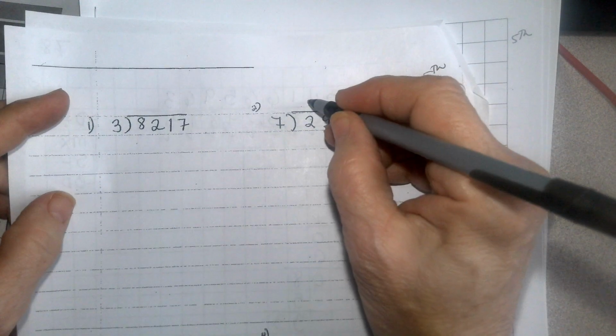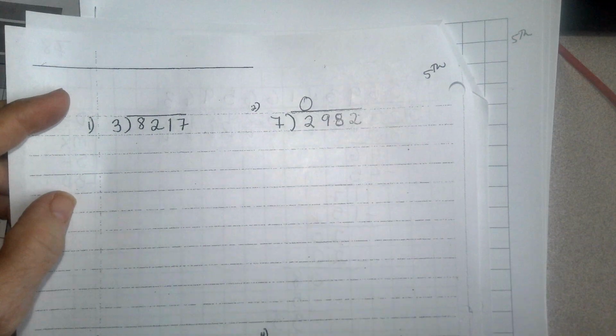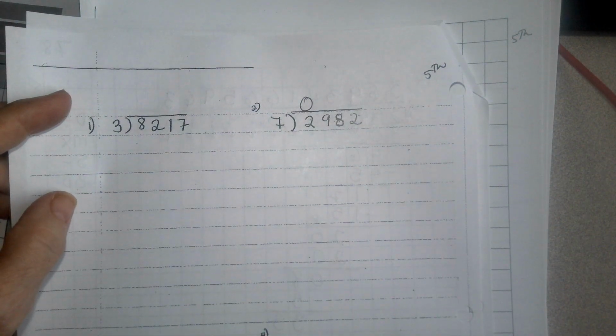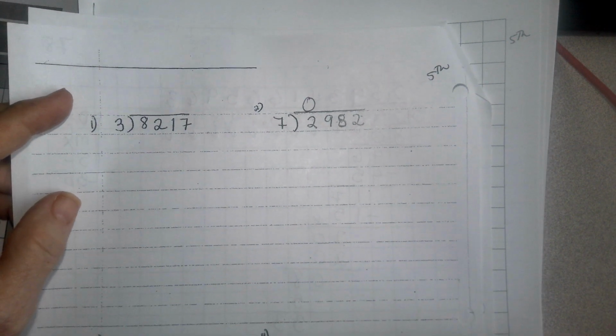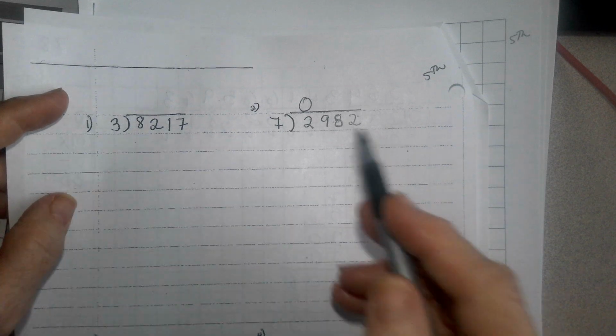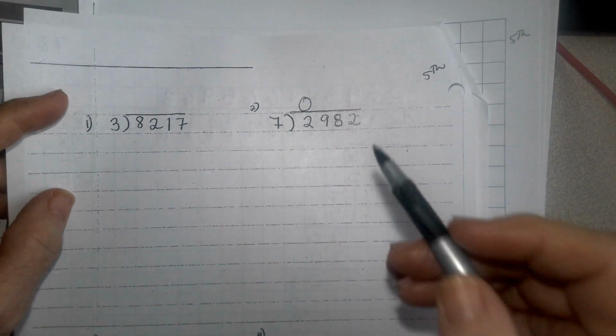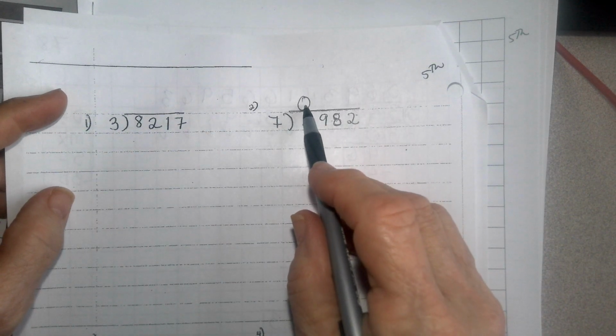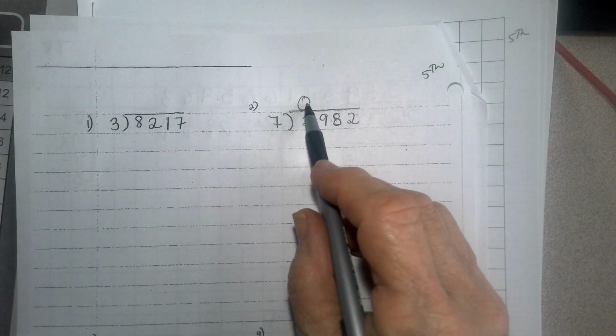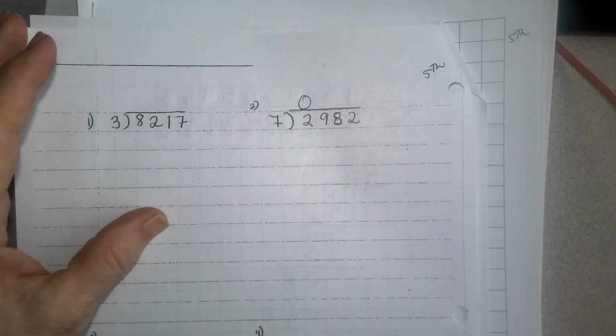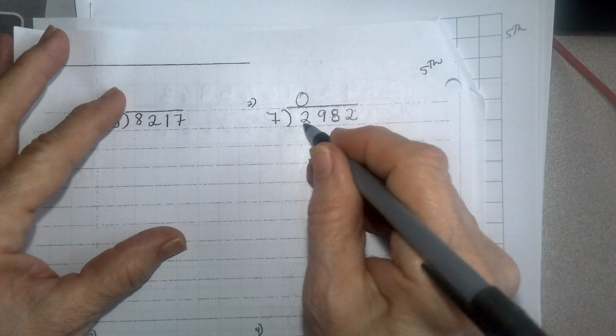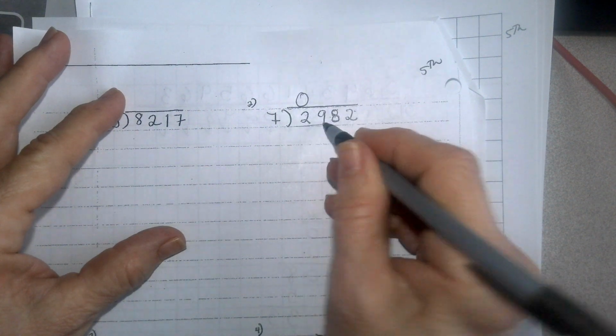No. So put a 0 for no. And you don't mommy multiply, because we haven't got a real number yet other than 0. I want to wait to multiply until I get a 1, 2, 3, 4, 5. Because I don't want to put 0 times 7. It's just 0.